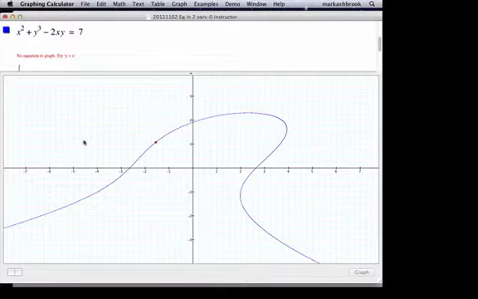This is the big idea here. When the x and y coordinates of that point are plugged into that equation, they will satisfy it. So if you put the x and y coordinates into that expression, you'll get 7.